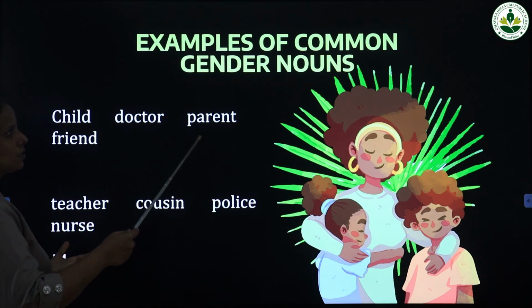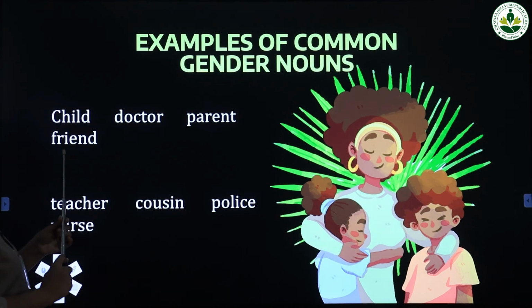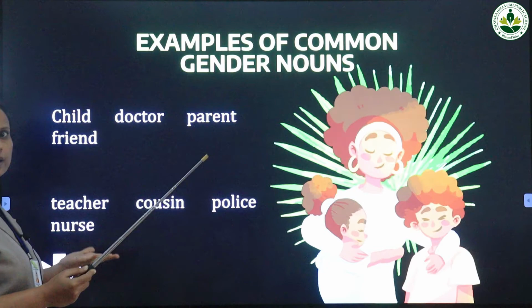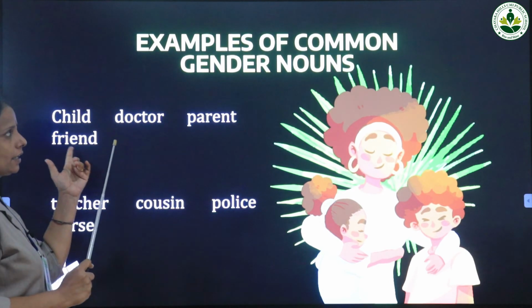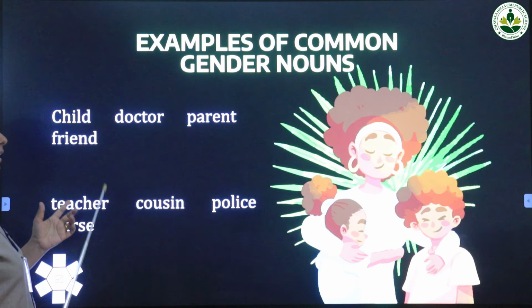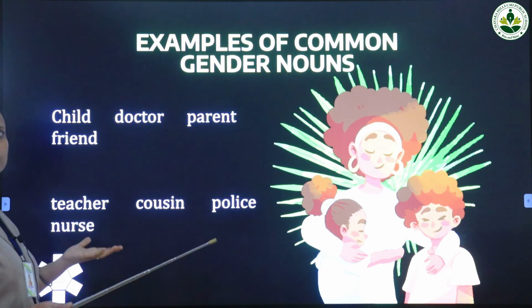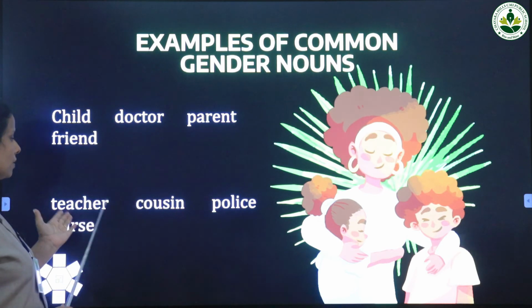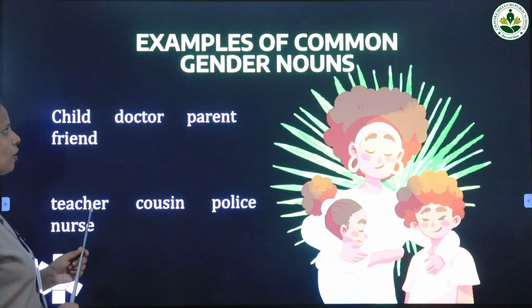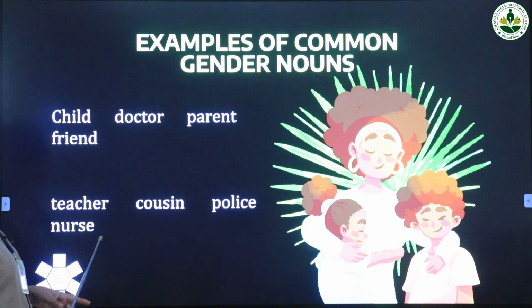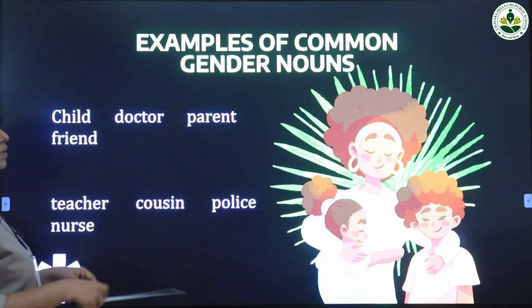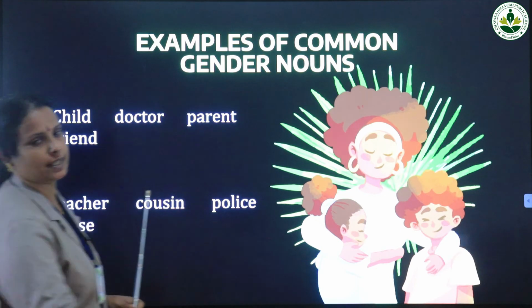Friend can be a male or a female friend. Then teacher. It can be a male teacher or a female teacher. Cousin, police, nurse. These all are examples of common gender.